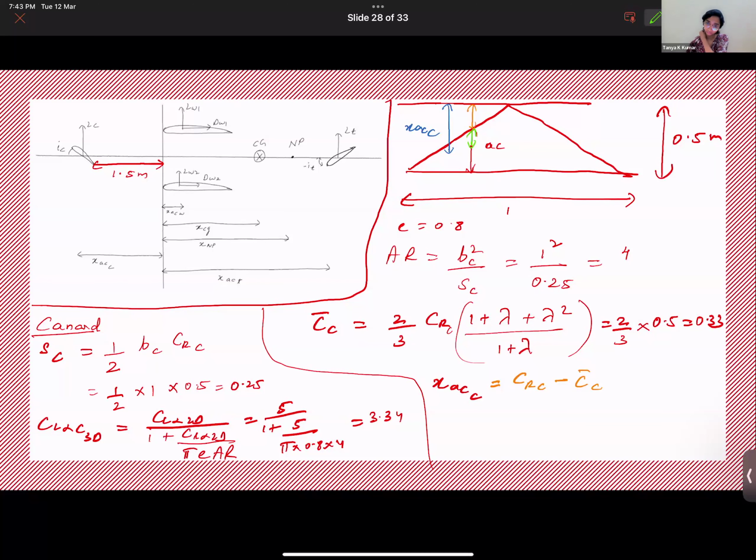Yes. Now the distance in green. What is the distance in green?